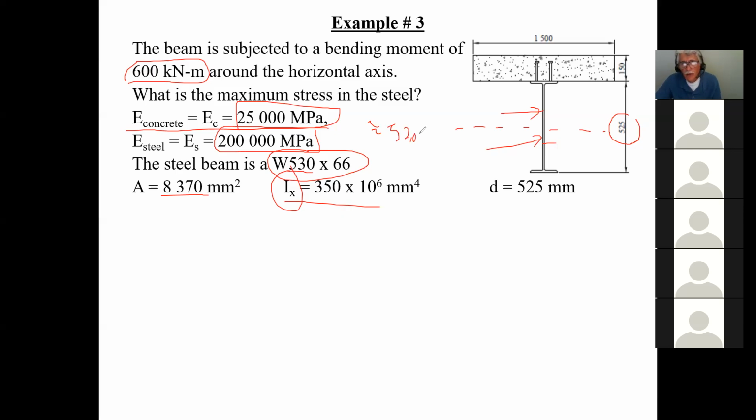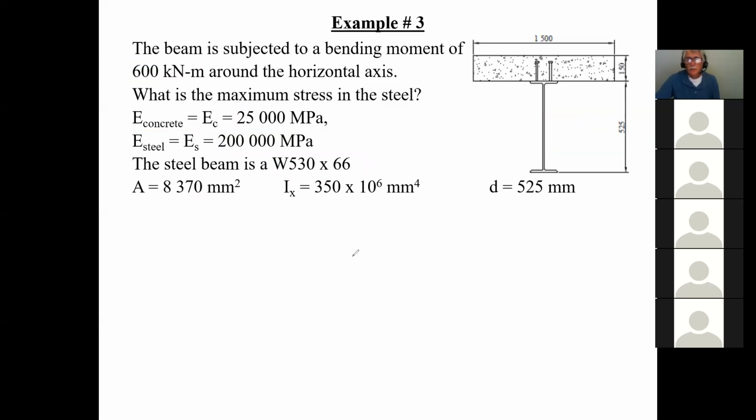When I went into my steel handbook, it gives me the actual depth of the beam, and it ended up being 525, five millimeters smaller than the nominal depth. In terms of geometry it doesn't matter, but in terms of calculation, it might have a slight impact.